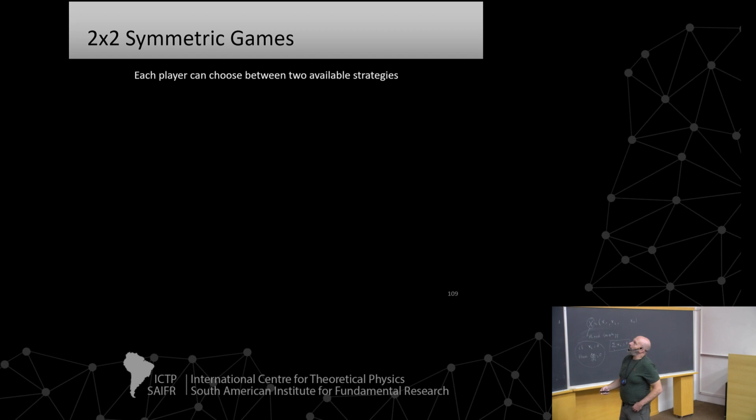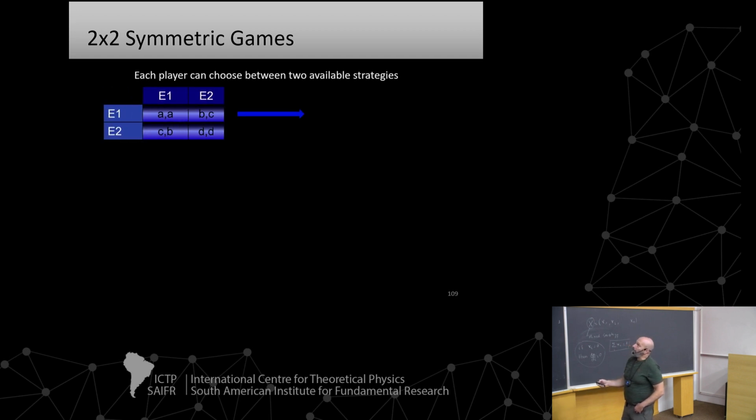So each player can choose between 2 available strategies. Suppose that this is the payoff matrix. I have strategy 1 and strategy 2, and again 1 and 2, so this is a symmetric game. And this is the payoff matrix for this game.